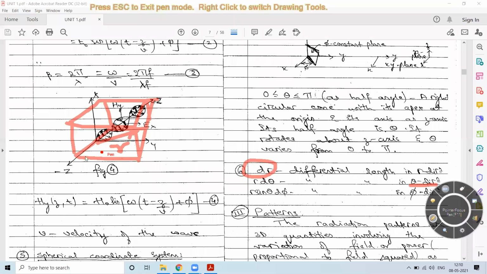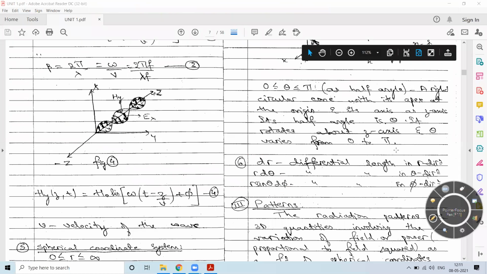With respect to this, you measure all the points using a geometric analysis. So it will be r d theta, and along the phi direction, it will be r sine theta d phi. So this is what we have with respect to the spherical coordinate system.